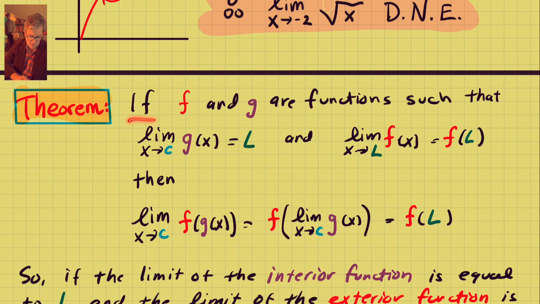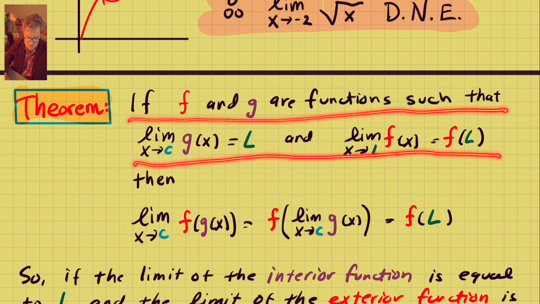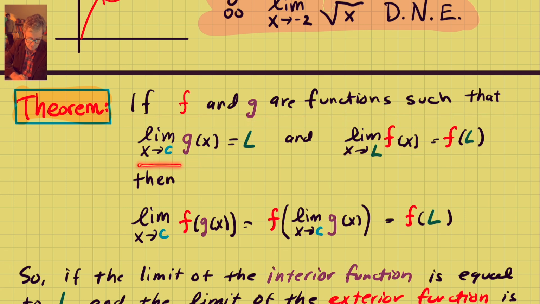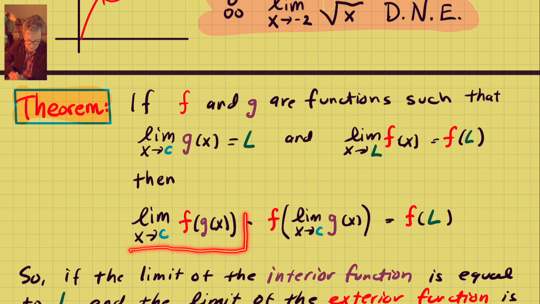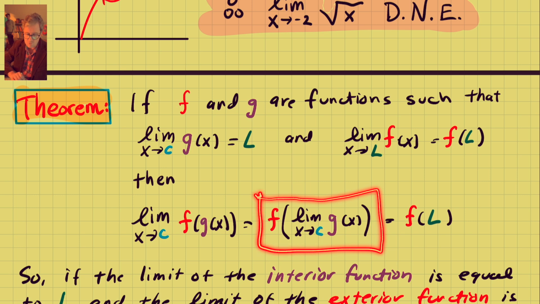This theorem says if f and g are functions such that the limit as x approaches c of g of x is equal to L, and the limit as x approaches L of f of x is equal to f of L, then the limit as x approaches c of f composed with g is equal to f of the limit as x approaches c of g of x, which is equal to f of L.